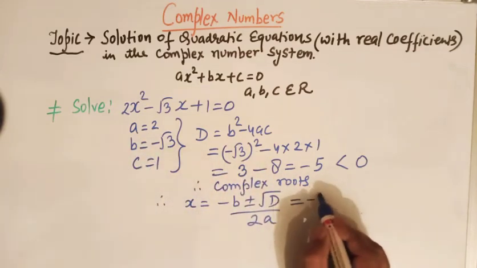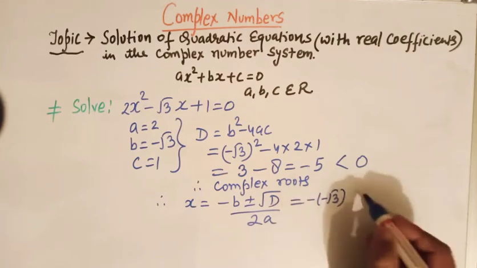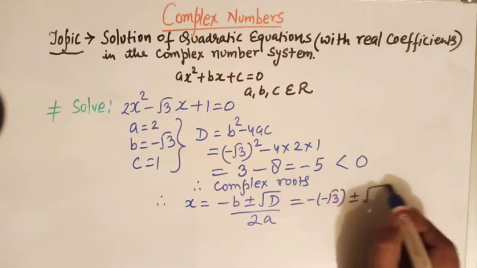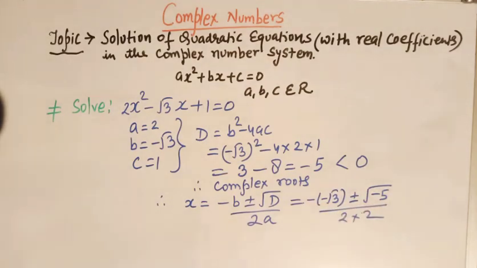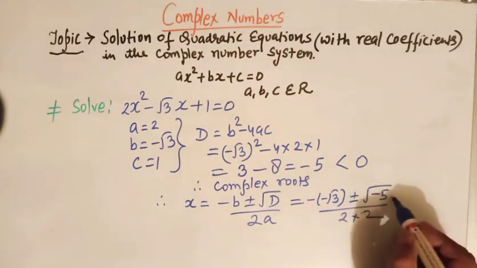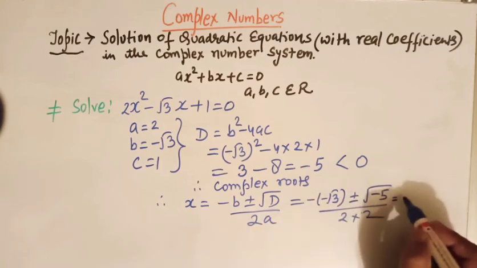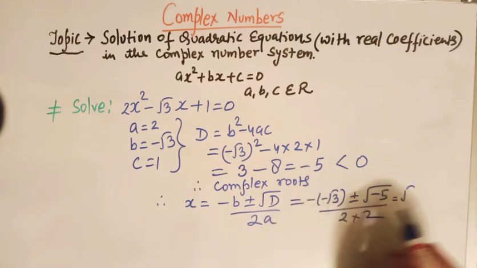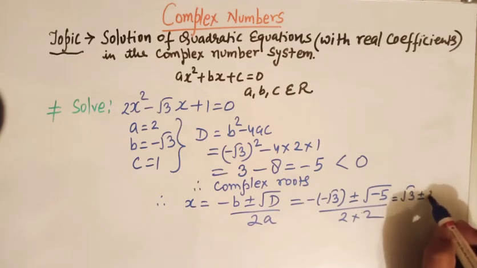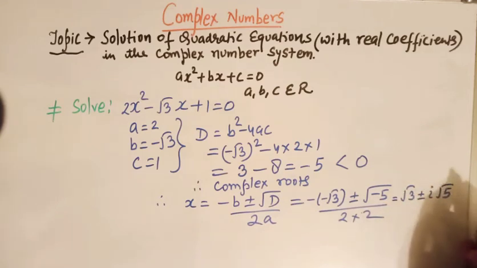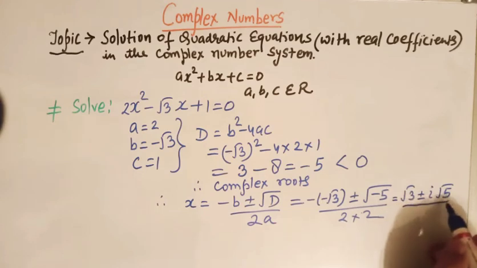We have minus of minus root 3 plus minus square root of minus 5 divided by 2 times 2. Now this can be written as, minus minus is plus, so we have square root of 3 plus minus iota square root of 5 divided by 4, right?